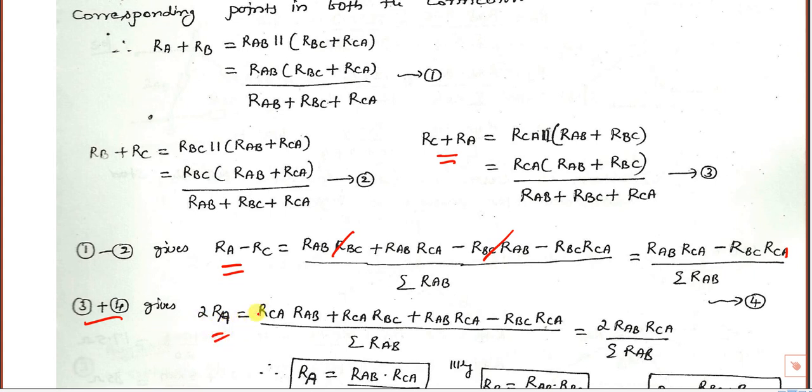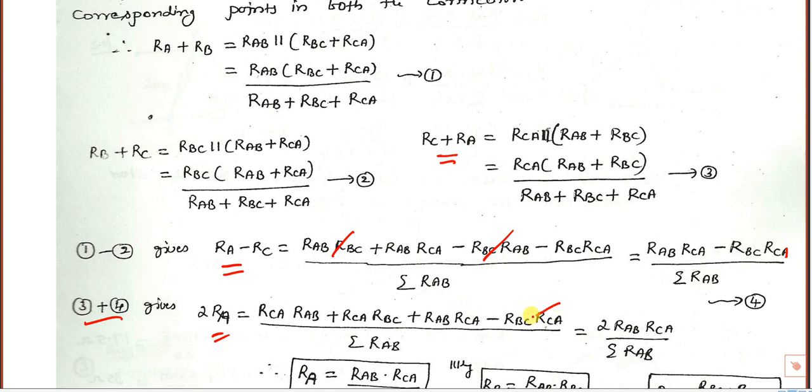If I add this, 2 RA is equal to, the denominator is once again the same, sigma RAB, which is nothing but RAB plus RBC plus RCA. Adding equation 3 plus 4, RAB RCA, RBC RCA, then RAB RCA minus RBC RCA.